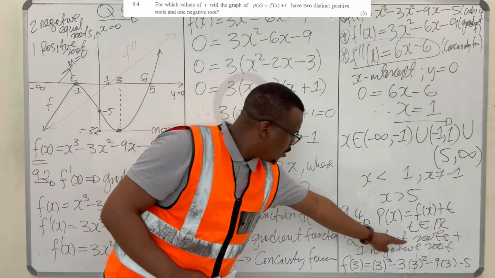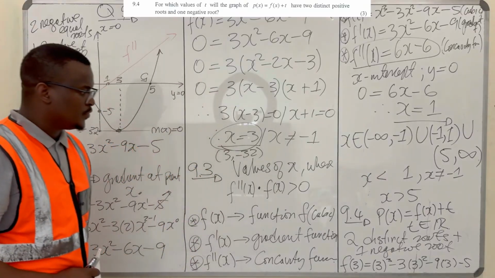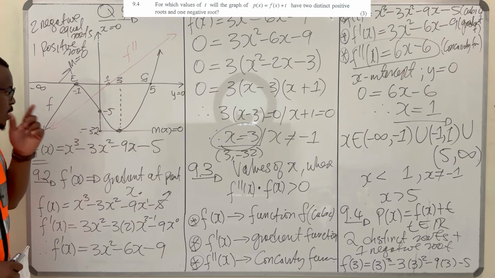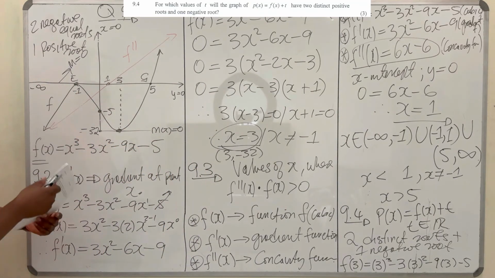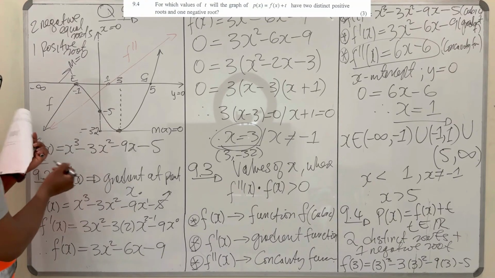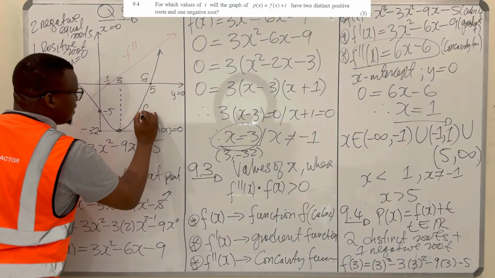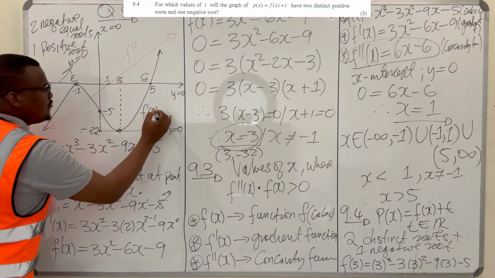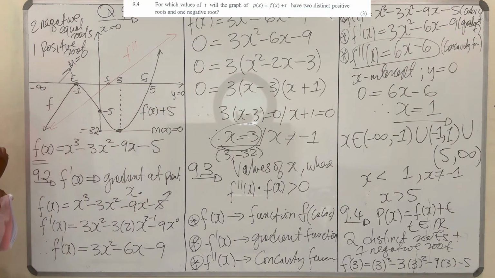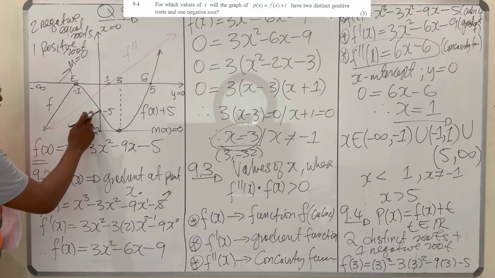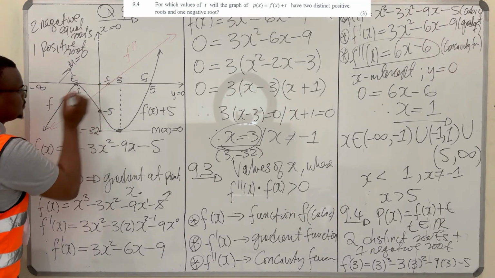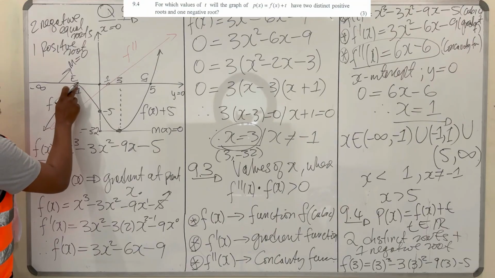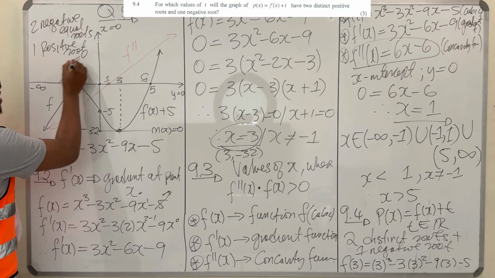There should be two distinct positive roots. So what should you do? Look, this is f, right? This is f, like I said, the black one. This is f of x. On f of x, if you add 5 units on f of x, this point would sit here. This point here, 0, would be at 5 up there.